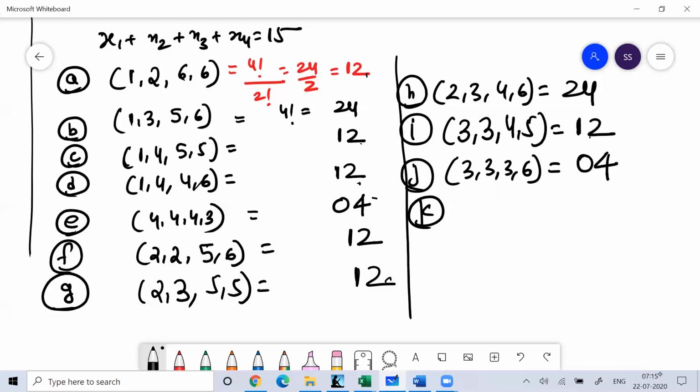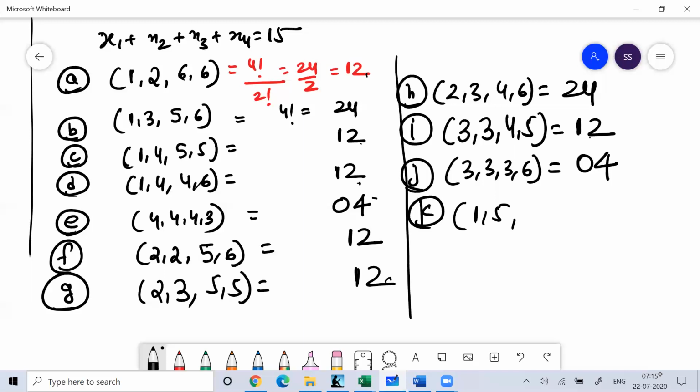6 means 13 minus 6, 9. With 1 5, I should get the sum as 9. 4 ways are there for 9.